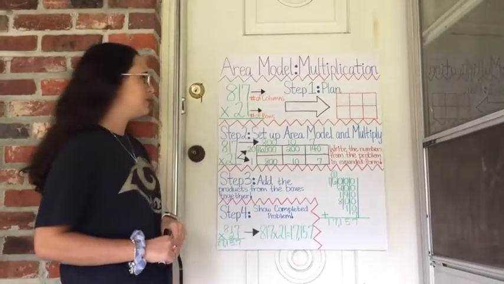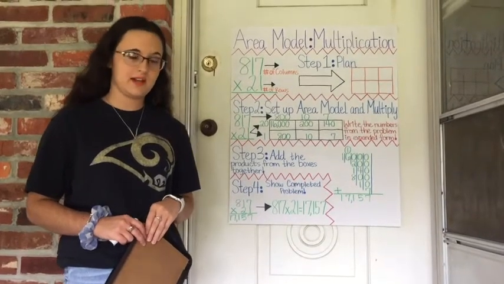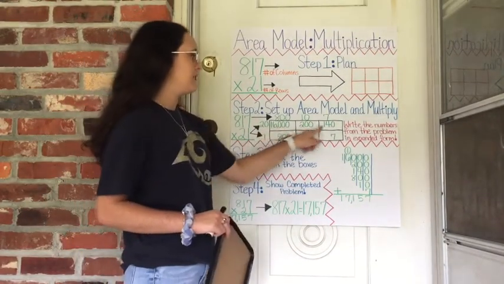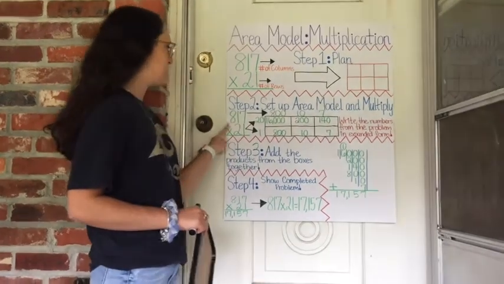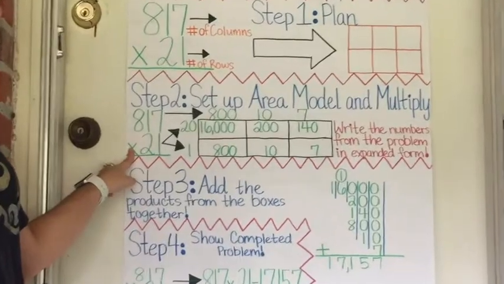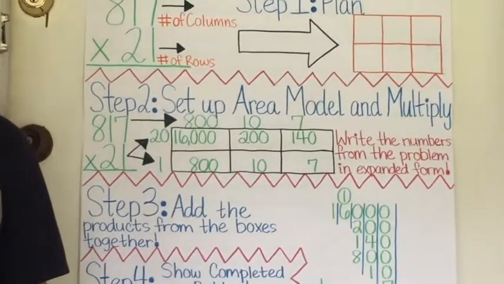Step 2 is to set up the area model and to actually multiply. Again, we have our 2 by 3 grid, and our problem is 817 times 21. You're going to write the numbers from the problem in expanded form.